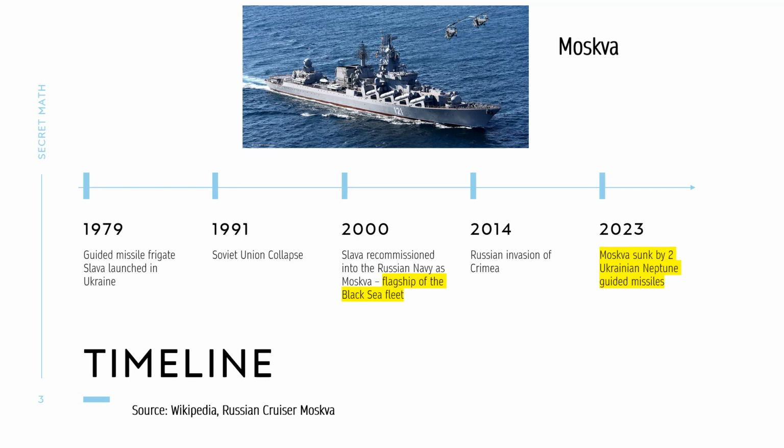What happened in 2023 was that it was attacked successfully by 2 Ukrainian Neptune-guided missiles, possibly with the aid of some secret math, possibly with the aid of some unmanned aerial vehicles that used other weaponry first before the 2 Ukrainian Neptune-guided missiles hit it.